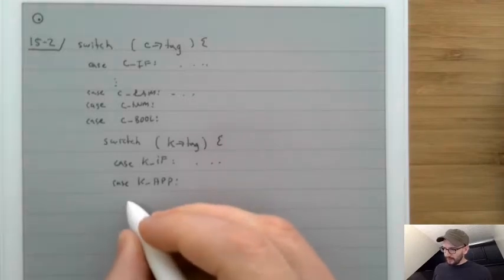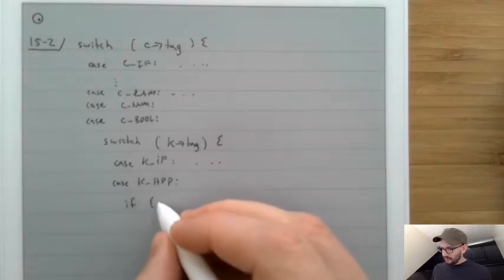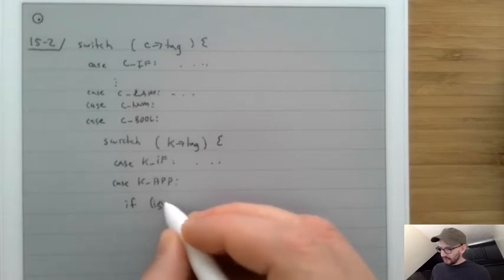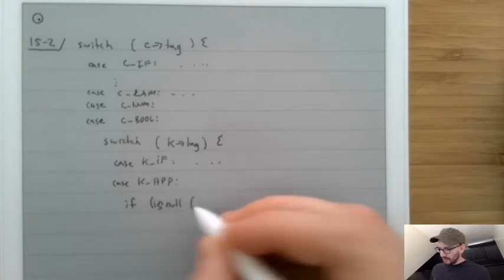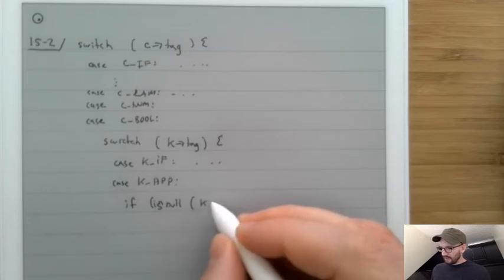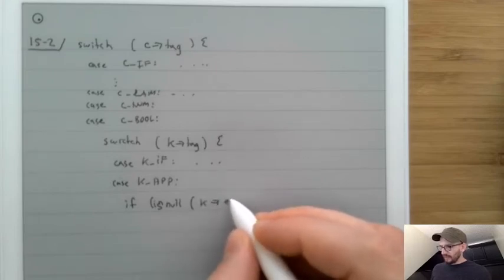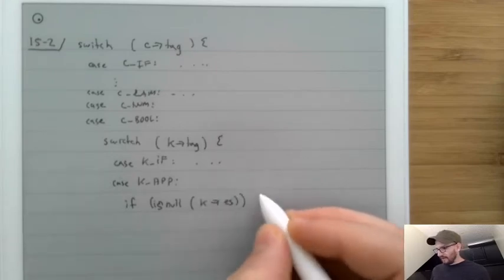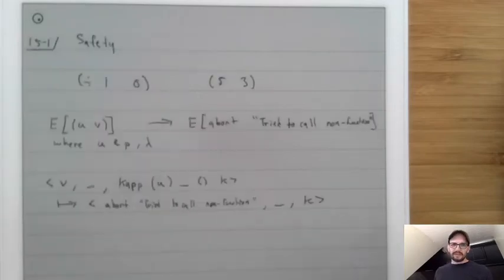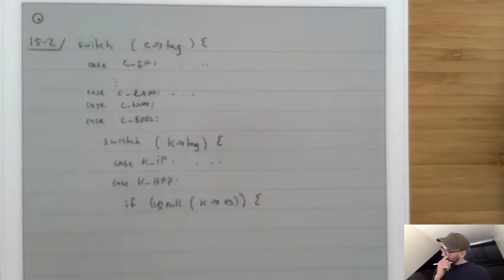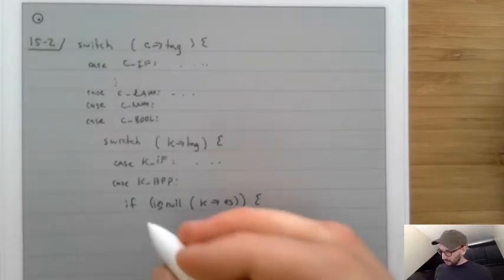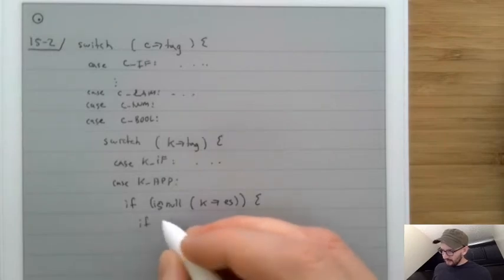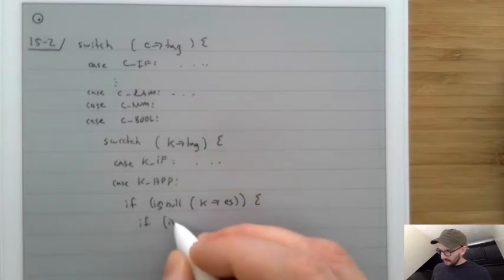So you would do something like, let's imagine there's a function called isNull, and then we would do the K component, and then we would look at the expressions. And if they're null, then that means that this second part of the K app is nothing.